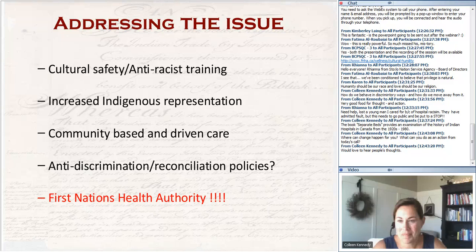The other, at a larger level, we really need to think about how are we governing social interactions, right? And so how are we creating anti-discriminatory, or if you like the word reconciliation, some people do, some people don't, policies, right?